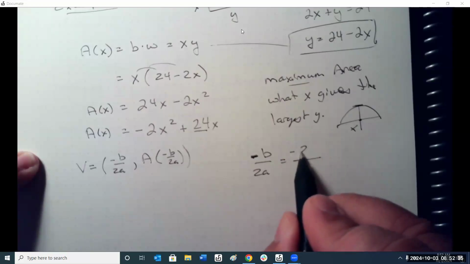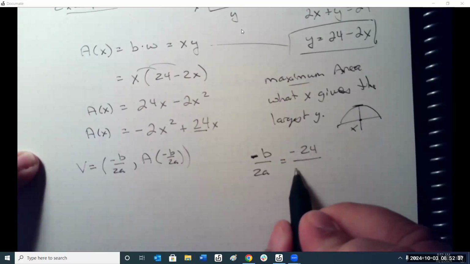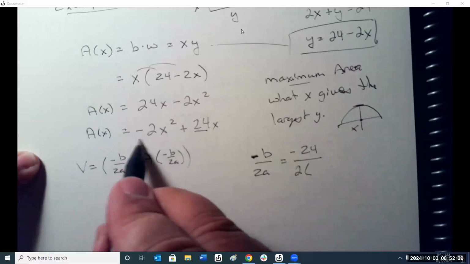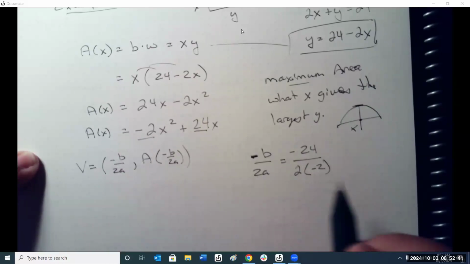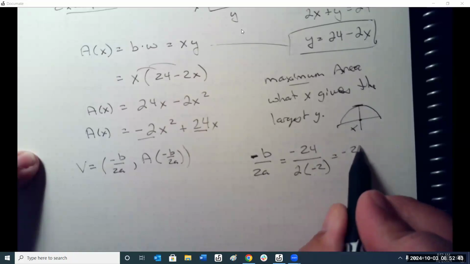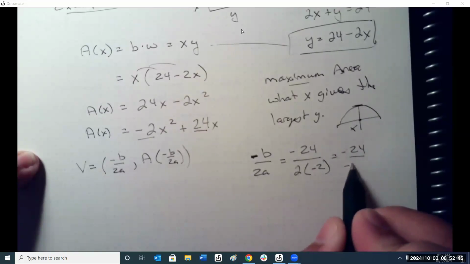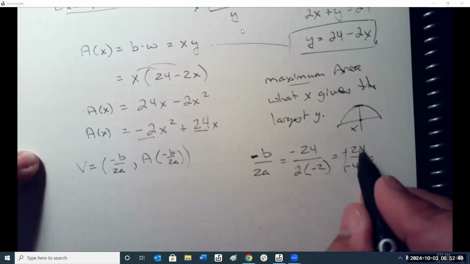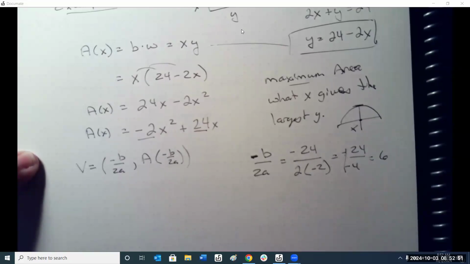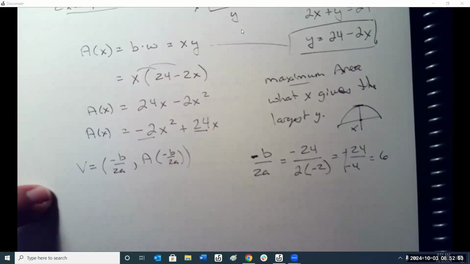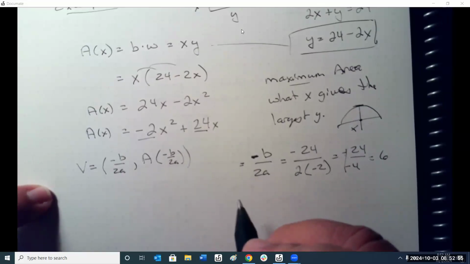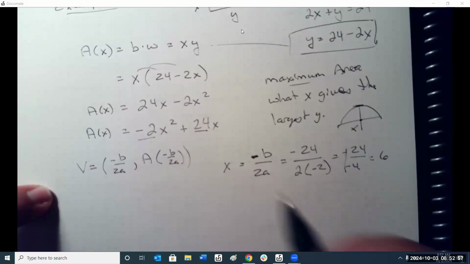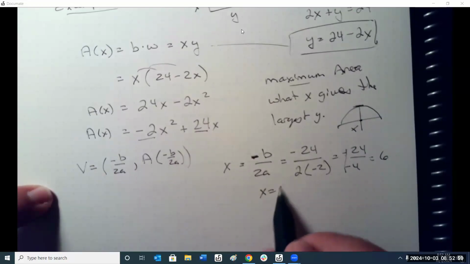So it's negative 24 over 2 times negative 2. Negative 24 over negative 4. Negatives cancel. 24 divided by 4 is 6. So the x component is 6.